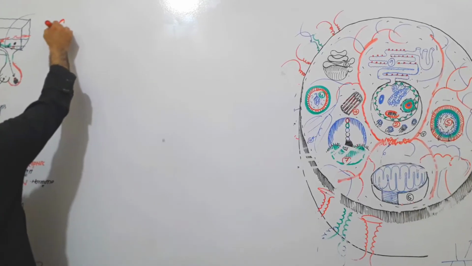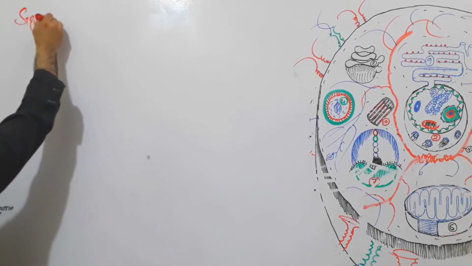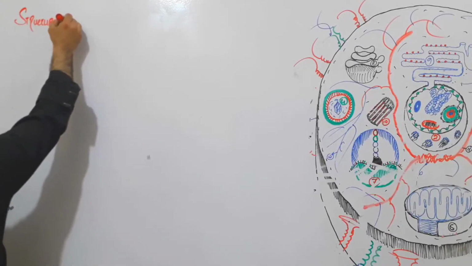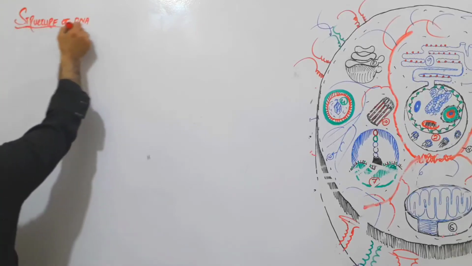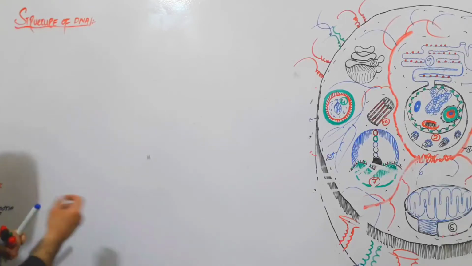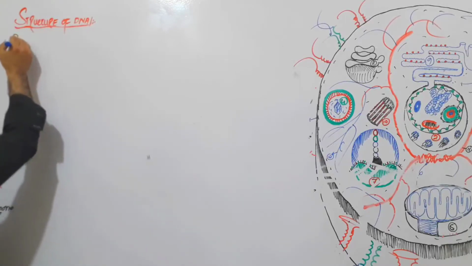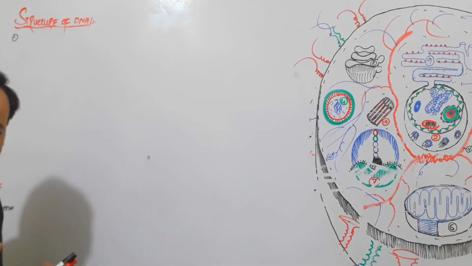So structure of DNA, let me write here, structure of DNA, right? It means how the DNA is formed. Let me remind you a little bit of the previous lecture. First of all, I had told you that in order to make the DNA, we should have three important factors.